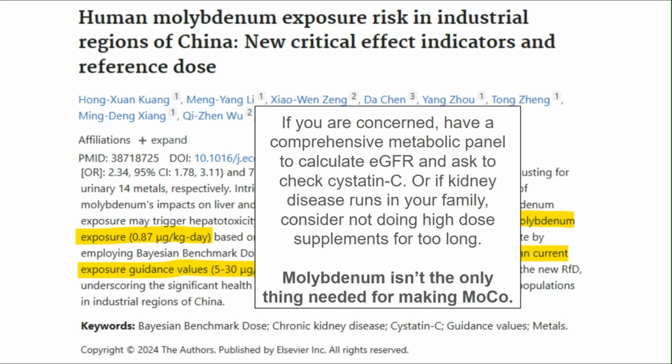And what you want to do in your body is to harness that molybdenum inside the shell called MPT to make MoCo. You don't want your molybdenum to be floating around in your body, potentially causing kidney health issues, which could lead to liver and lung issues, according to this study, which, yeah, I think it's a good study to think about.